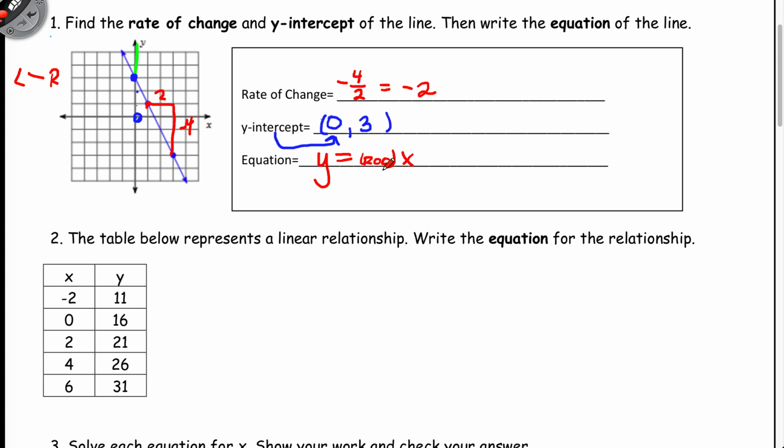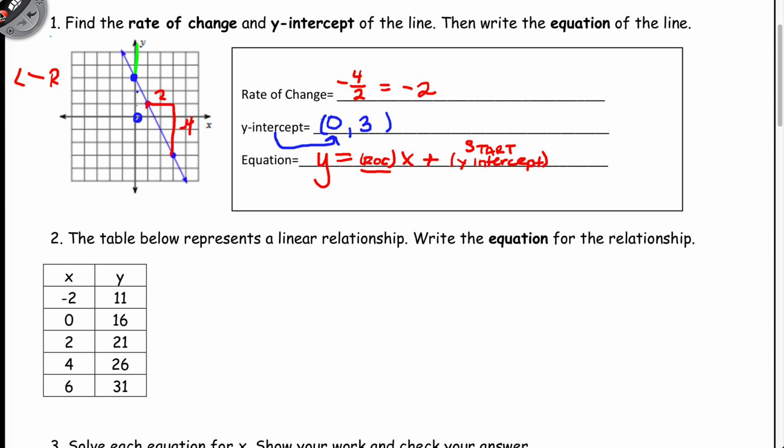So there's your something. It's your rate of change. And then it'll be plus or minus. I'm just going to put plus for right here. And then I'm going to put in parentheses your y-intercept. So whatever you got for your y-intercept, that number goes there. This is also known as your start. It's where your graph started as well, okay?